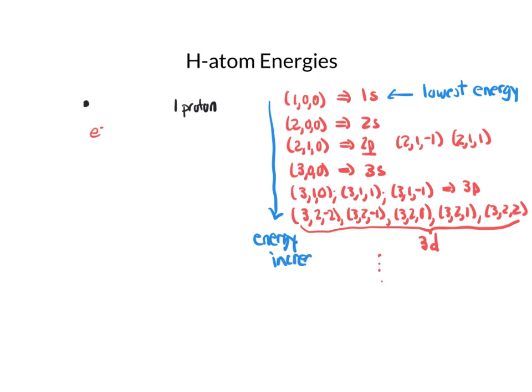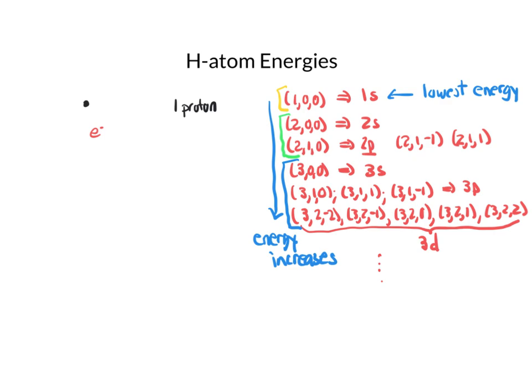Now, for the hydrogen atom, the only quantum number that matters for the energy is the N quantum number. So all of these, because they all have N equals 3, have the same energy. And all of these, because they all have N equals 2, have the same energy. And then the N equals 1 has the lowest energy.